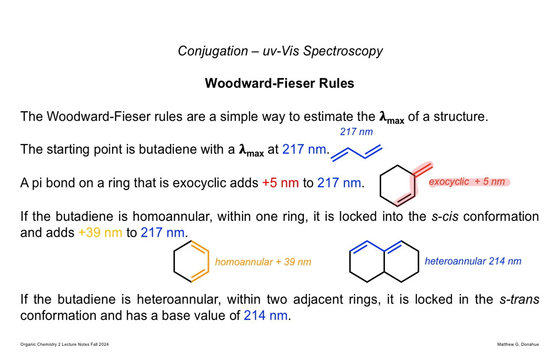Exo means out. If you have the diene within a ring, that's called homoannular, that adds 39. If they're in two different rings, that's called heteroannular. So that one's different. You don't start at 217, you start at 214.